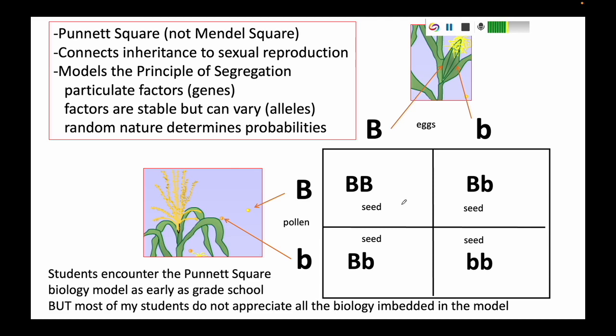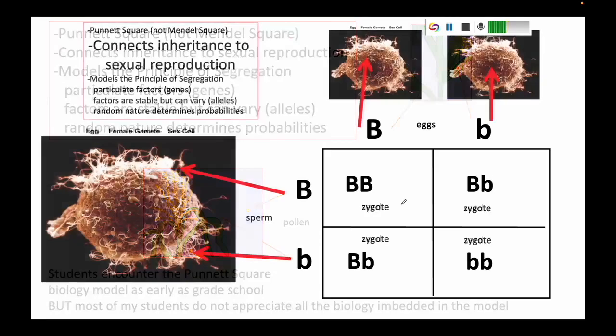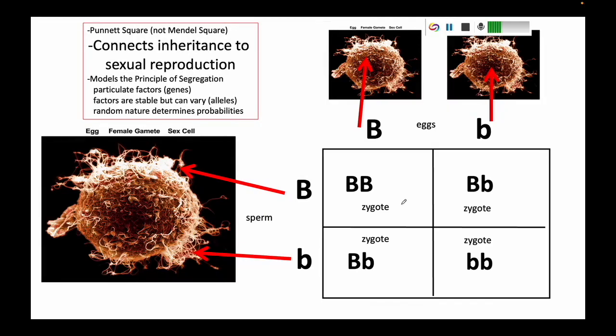And so rather than encumber their understanding of the genetics because they don't understand the reproductive biology, I choose an animal example as we get started. They're much more intuitively tuned into the concept that females make eggs as their reproductive sex cells, and males make sperm.